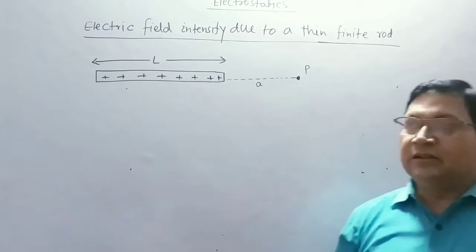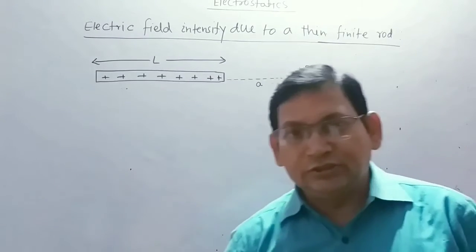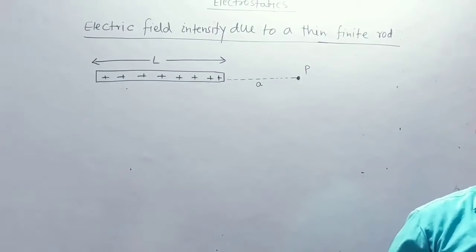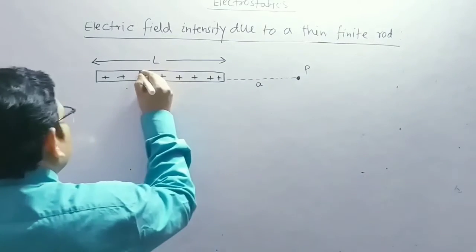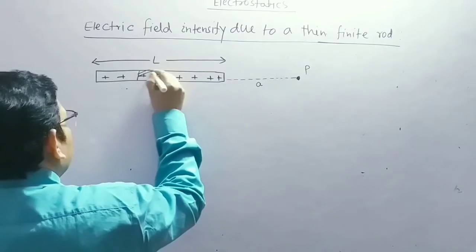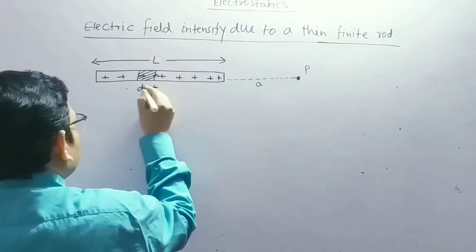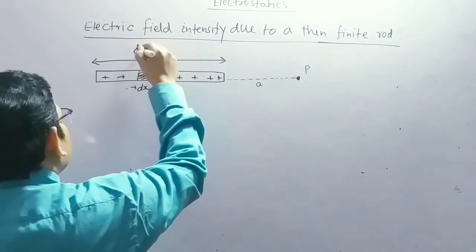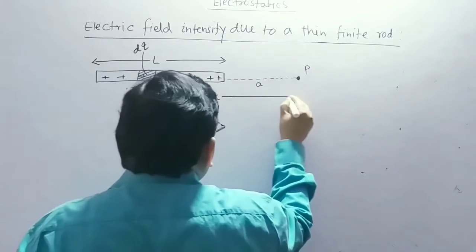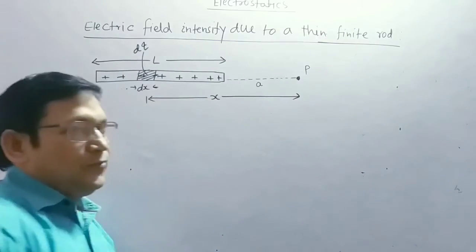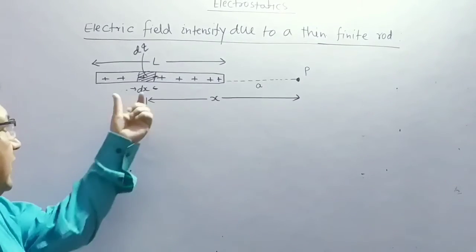Now the technique is that first again we have to take a small element of charge dq, and then write down the electric field intensity due to this small element dq. So take here a small element dx. Here the charge is dq, and dx is at a distance x from point P. So we have taken a small element having charge dq, length dx.